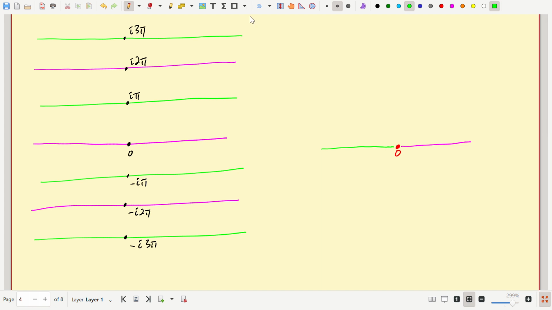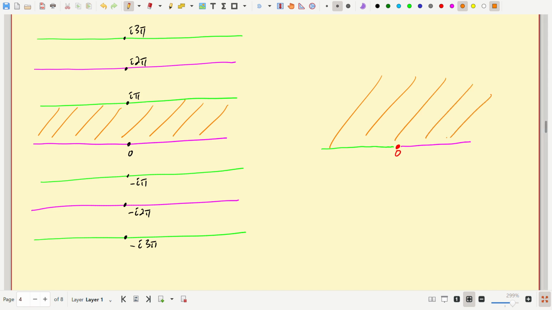Okay, and I'll stick with my colors. I made this orange last time. That orange stuff got mapped to the upper half plane, one-to-one and onto. I could do the same thing with the negative angles there. Let's see, what color should I make those? Yellow? Can you see those yellow things? The yellow is just not orange.